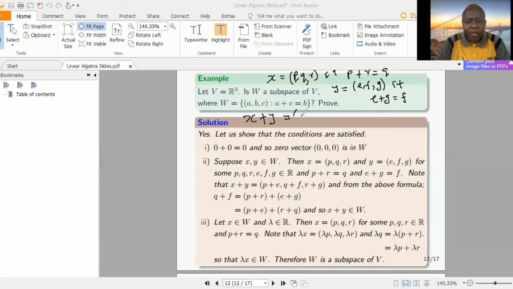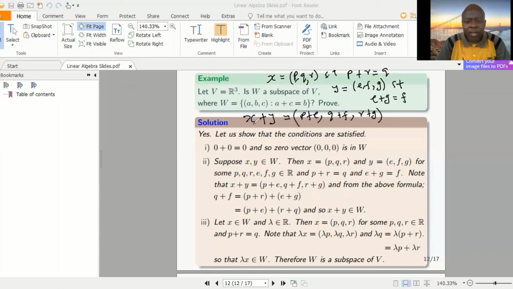It will be P plus E, Q plus F, and R plus G. Is this sum X plus Y in W?